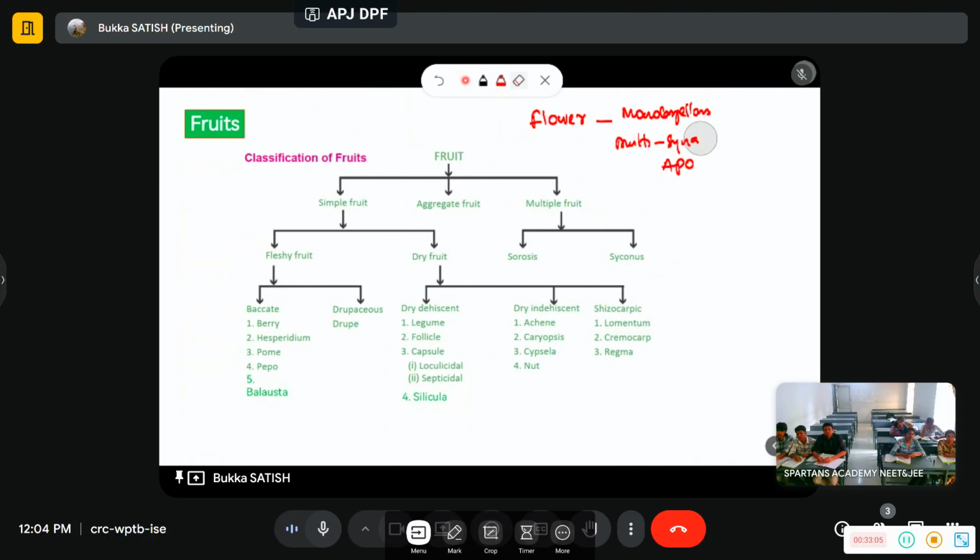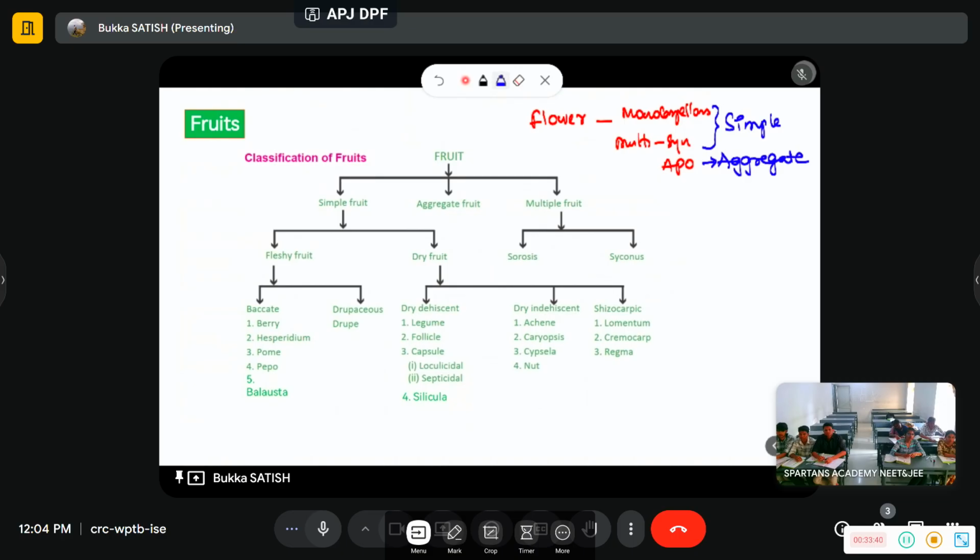So I'll just give you the initial terms. Sorry, if I consider only one flower, if fruit develops from either a monocarpellary flower or a multicarpellary syncarpous flower, we call this fruit a simple fruit. If the fruit develops from multicarpellary apocarpous condition, we call this one an aggregate fruit.